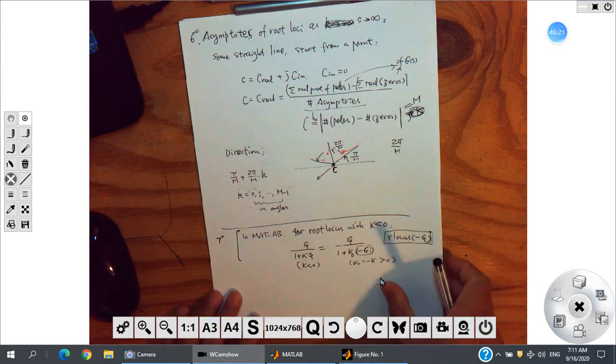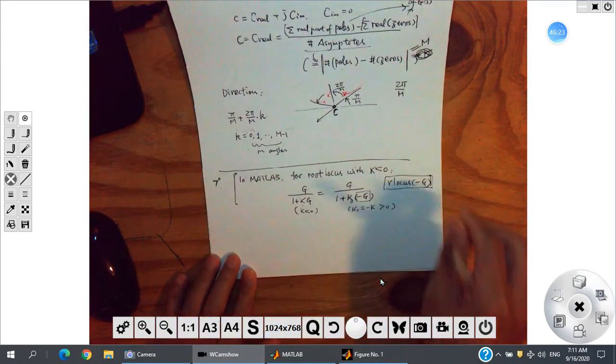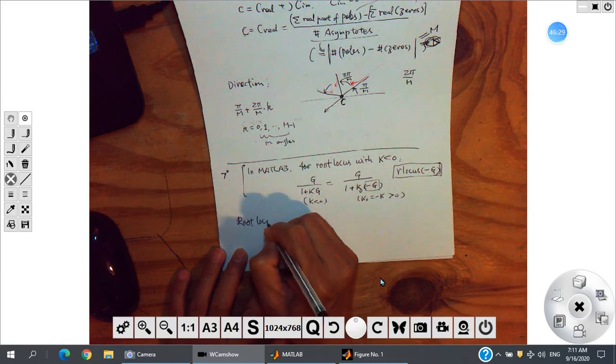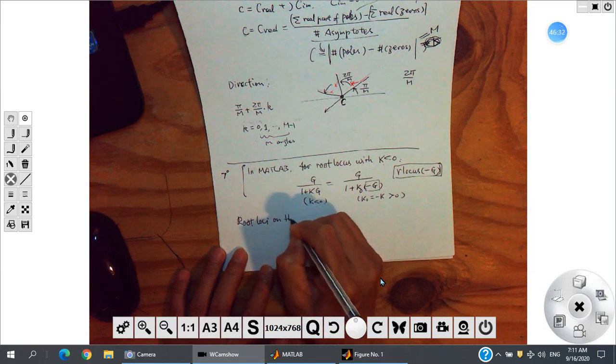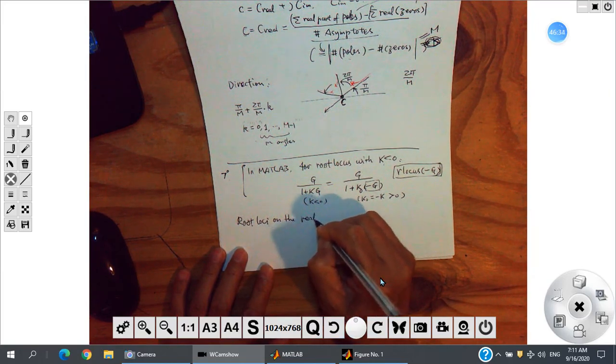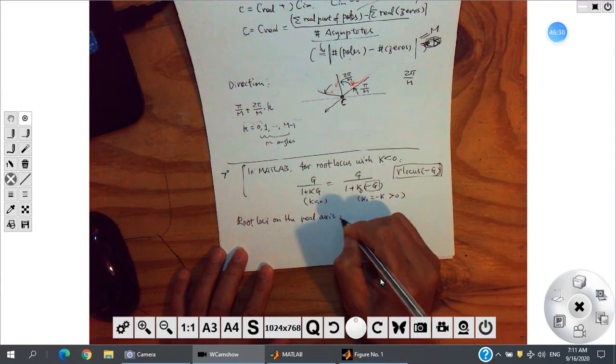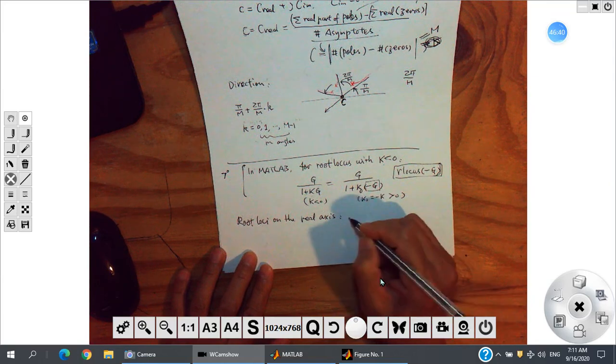I will say 7. The root locus on the real axis. How to say?